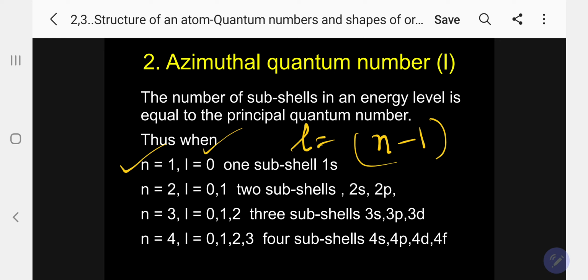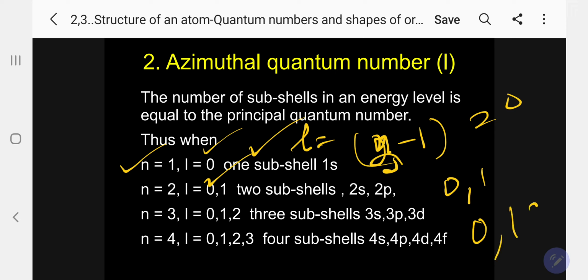So, there are n values of L. n equal to 1, L equal to 0, 1 subshell. n equal to 2, 2 minus 1 is 1, including 0 means 0 and 1. n equal to 3, 3 minus 1 is 2, including 0 means 0, 1, 2, that is 3 subshells, 3s, 3p, 3d.